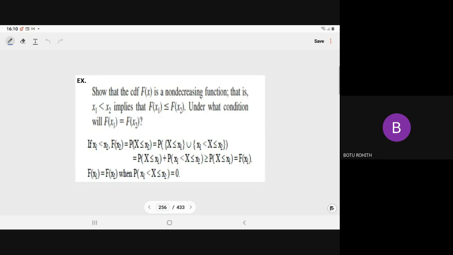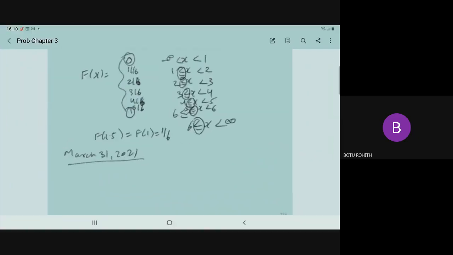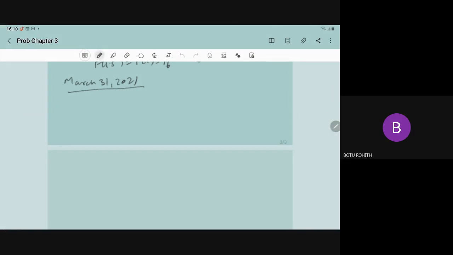It is given that x1 ≤ x2. If you want to compute F(x2), what is F(x2)? It is the probability that X ≤ x2.